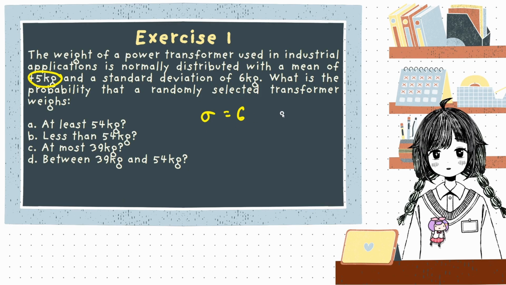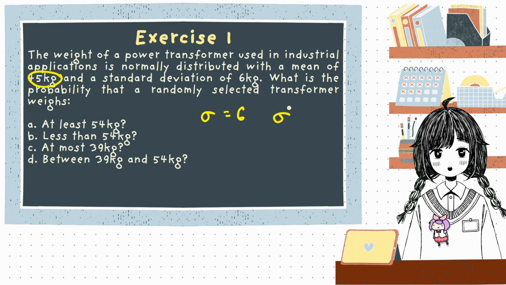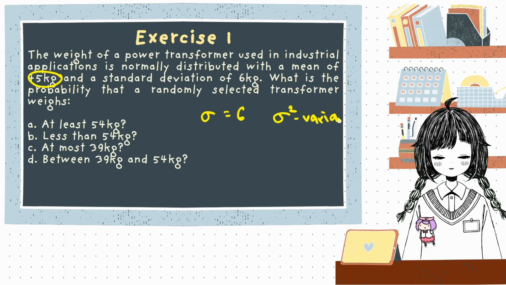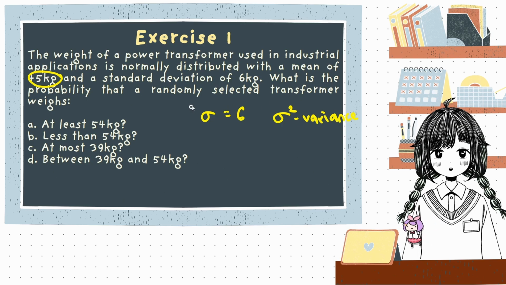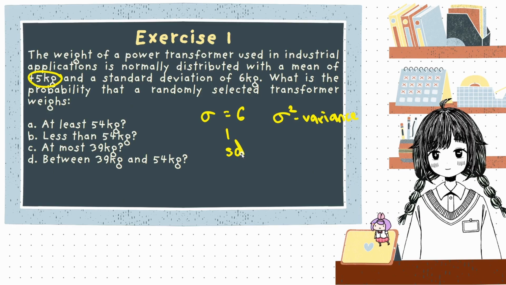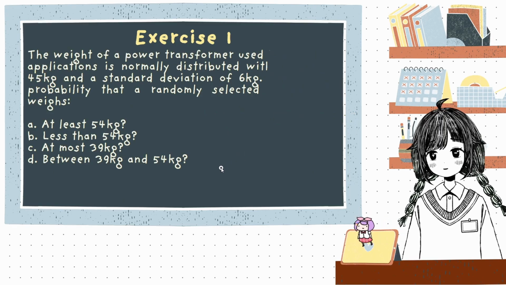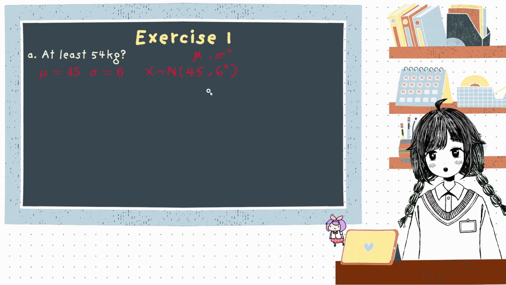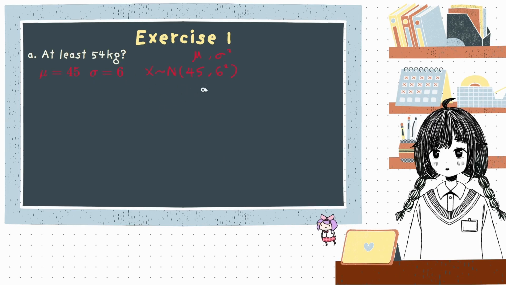Reminder, not to be confused with variance. This is variance and this is standard deviation. I put in SD. So with this mean and standard deviation, we can now solve the question.